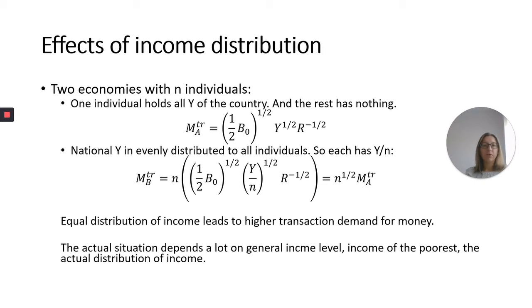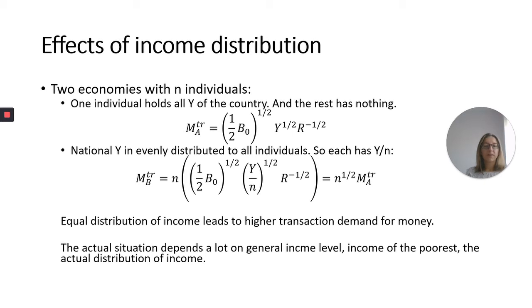Is it enough to get profits from holding bonds, so that people would still buy bonds and the transactions demand for money would be lower? Or are the poorest people so poor that they actually cannot afford to buy any financial asset, and so they hold everything in cash?